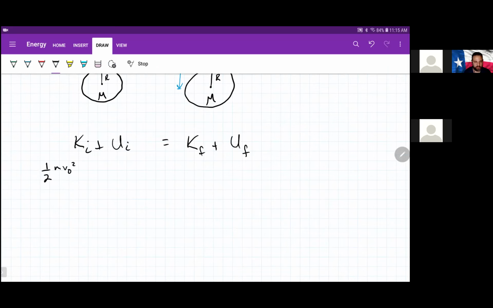Over here, it's going to be GMm over the little r because it's the total distance from the center of the Earth to wherever, or the planet, I shouldn't say Earth, the planet to the ship, right, to the rocket. Okay, this term, our final velocity is 0, so this term is going to go to 0. So let's rewrite this. We have 1/2 m v naught squared minus GMm over capital R equal to negative GMm over little r.